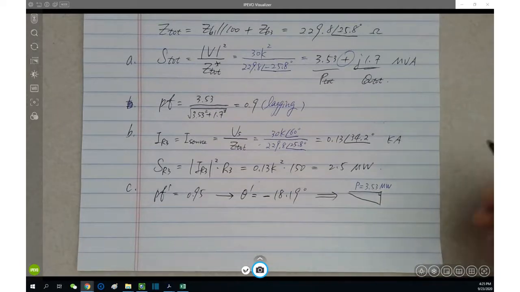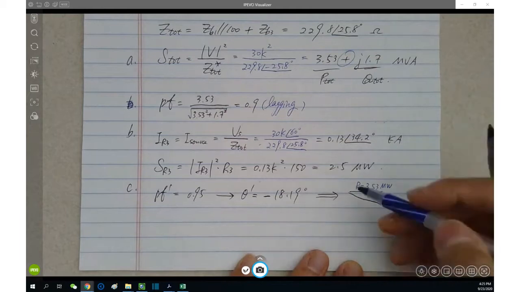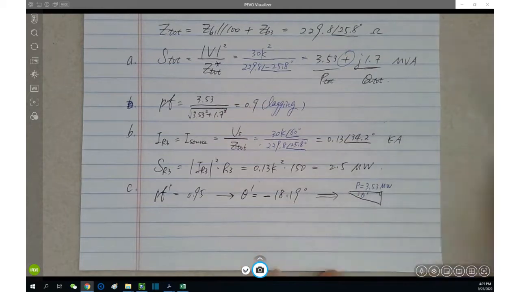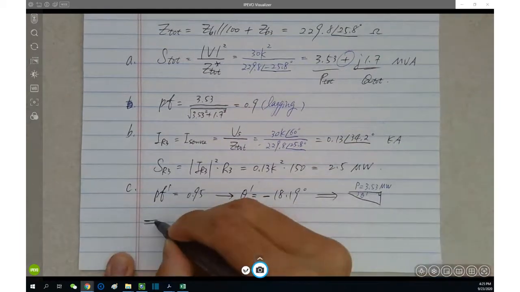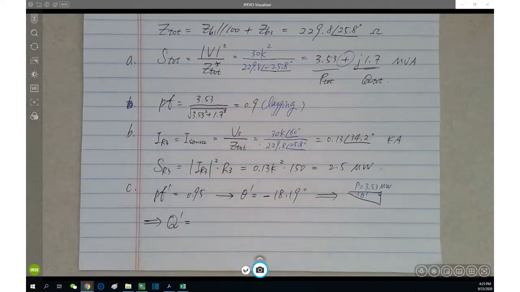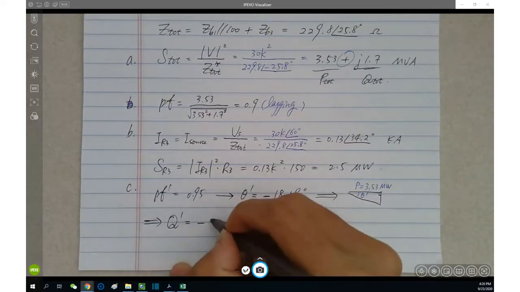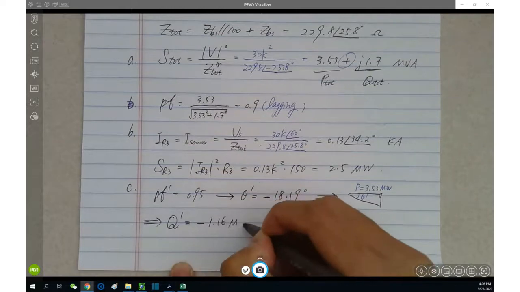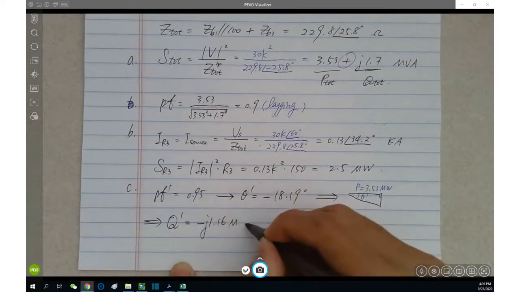And this angle is theta prime, from which you can tell the new reactive power, which ended up being 1.6 mega jVAR.